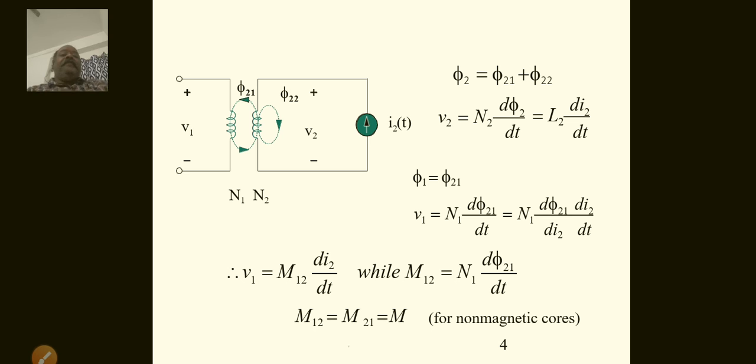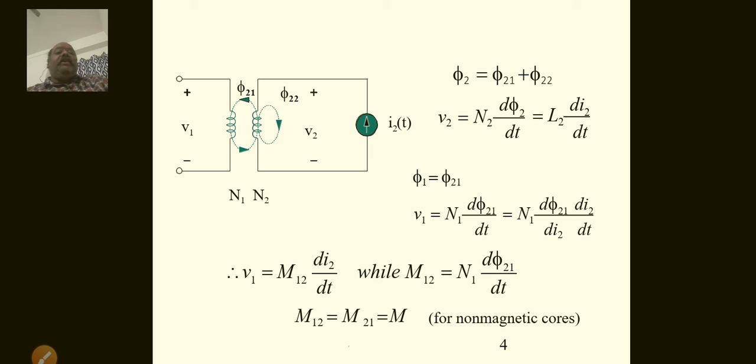So here N1 and N2 are the turns of the coils, V1 and V2 are the voltages induced in them, and phi 21 is the mutual flux. This is the flux across only coil 2, that is phi 22. So now V1 is equal to N1 d phi 21 by dt, already known.